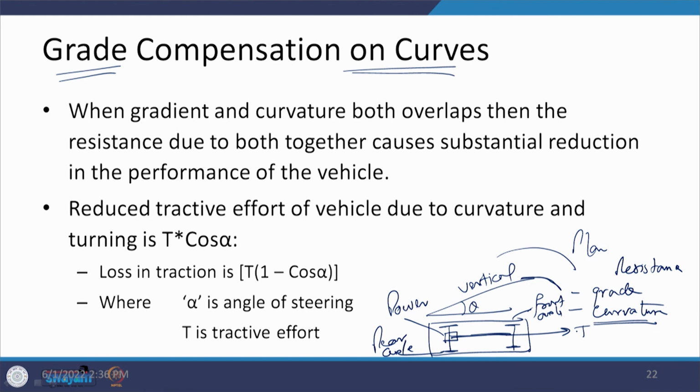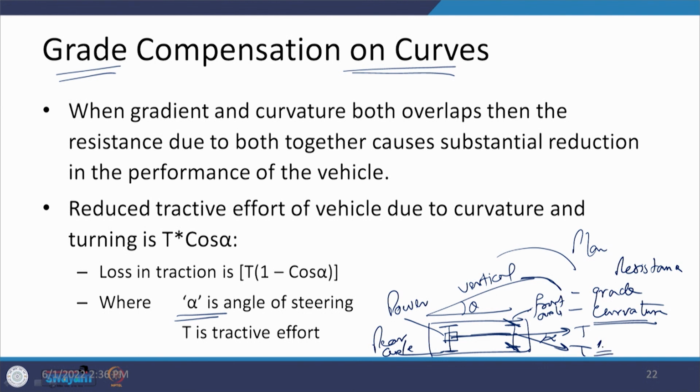Now, when there is a curvature along with this gradient, you are going up and then the curvature is there. So, you are going to steer your wheels. When you steer your wheels at an angle alpha, the things are going to happen in this direction. So, we have T dash in this direction and there is an angle alpha at which the steering is done.